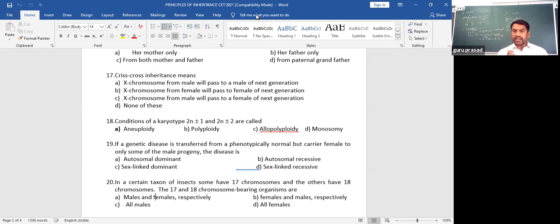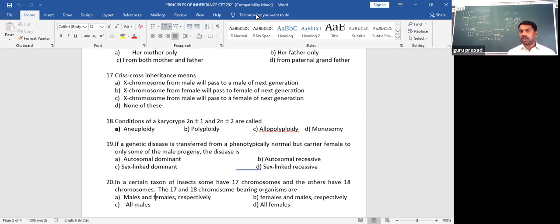But here I have given the hint that only some of the male progeny are affected. So it is not autosomal dominant or recessive, it is X-linked. They have given sex-linked dominant and sex-linked recessive.